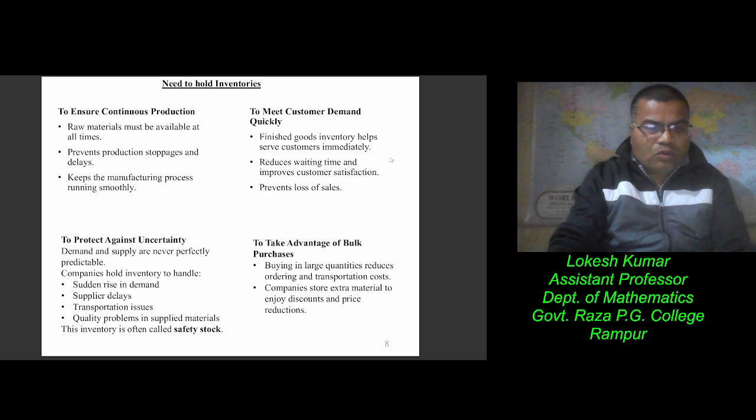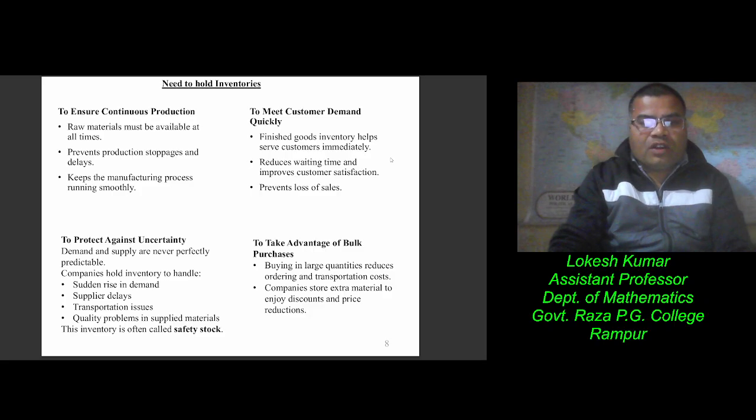Another one is to protect against uncertainty. Demand and supply are never perfectly predictable. Companies hold inventory to handle sudden rise in demand, supplier delays, transportation issues, quality problems in supplied materials.